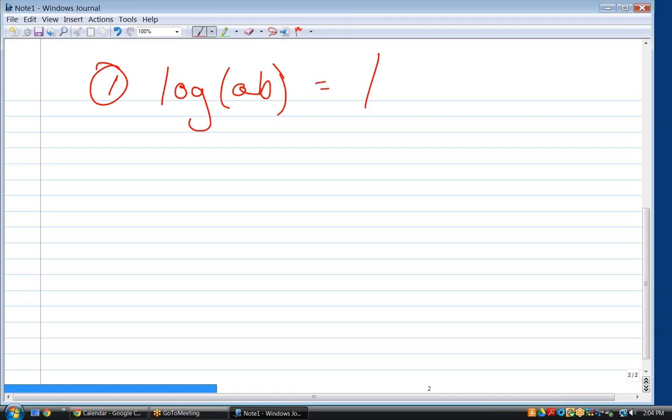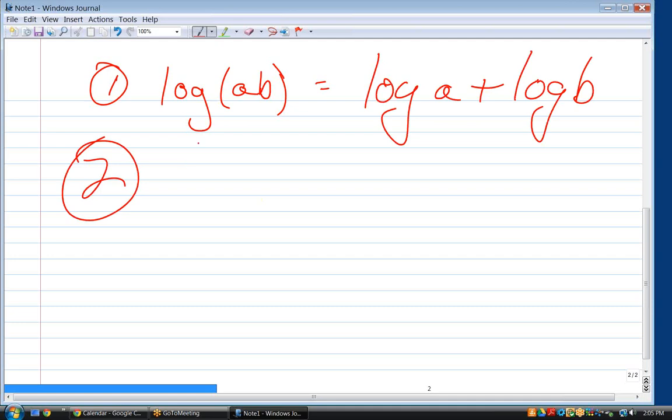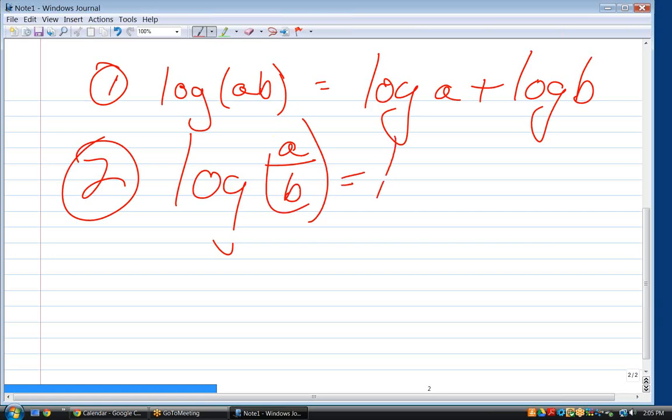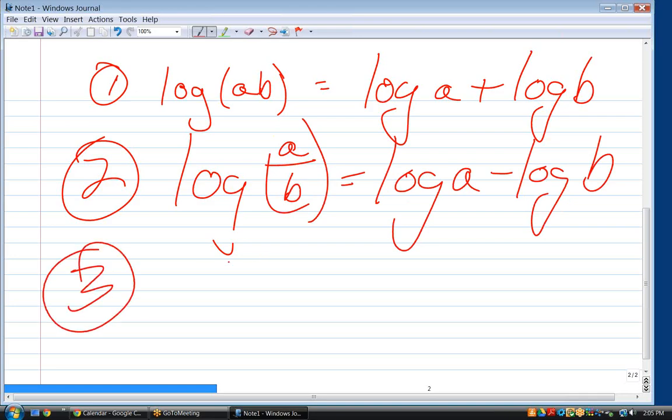Log A plus log B. And what is this equal to? Log A minus log B. And the third biggest one is log of A to the B power. Is that equal to?